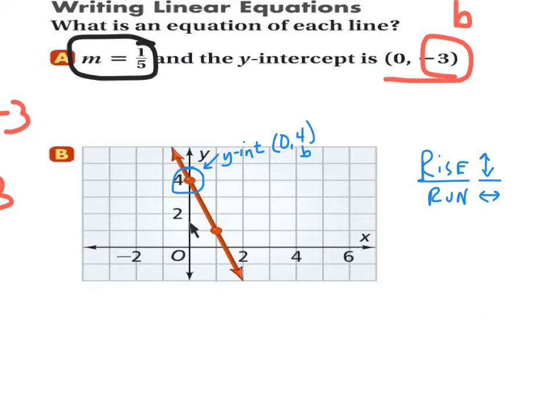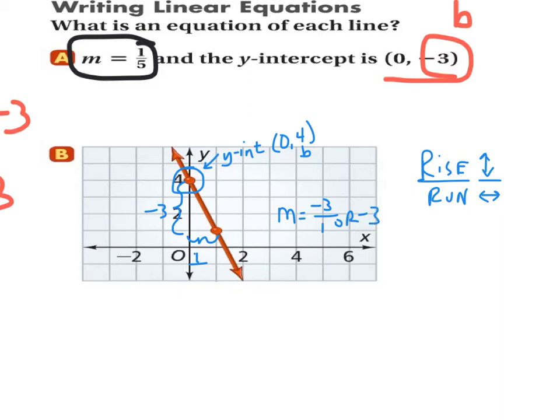I've got to go only up and down or left and right. So I go down 3 units, and I go right 1 unit. So the slope is -3 over 1, or simply -3.